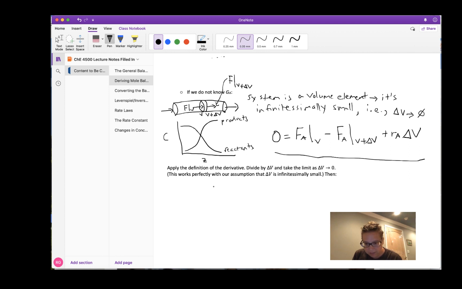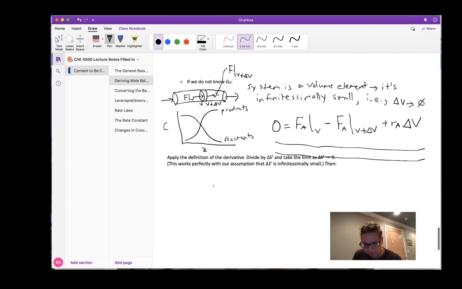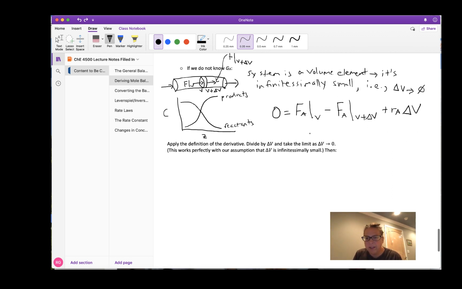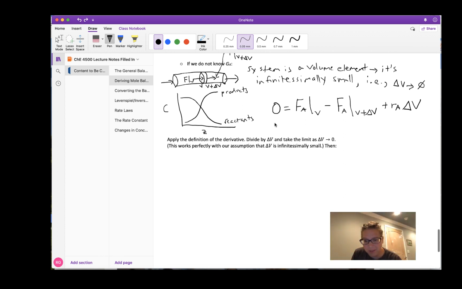Now, I don't think that this particular balance is solvable, but if I look at this, and I remember back to calculus, which for me, I honestly don't. I took calculus 22 years ago. But the Fogler book and other books tell me that this looks like the definition of the derivative.